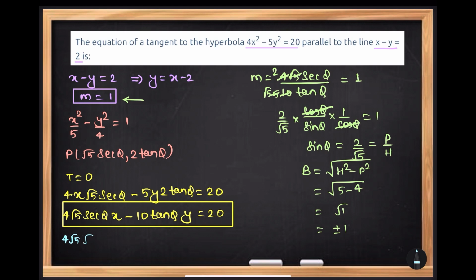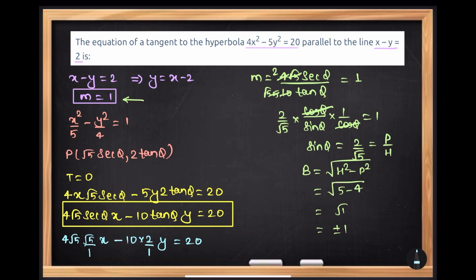It is root 5. Base is 1. I am assuming base to be 1 right now, and later I will replace this one. x minus 10. So who is 10? Perpendicular by base. Perpendicular is 2. Base is 1. I am assuming base to be 1, equals 20.